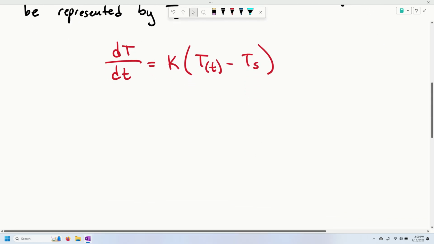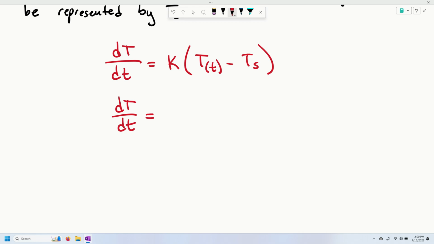Or, an easier way to write this is just the change in temperature with respect to the change in time equals K times capital T minus T sub s. Now, the temperature of the object at the beginning of any experiment is going to be the initial value for our initial value problem.